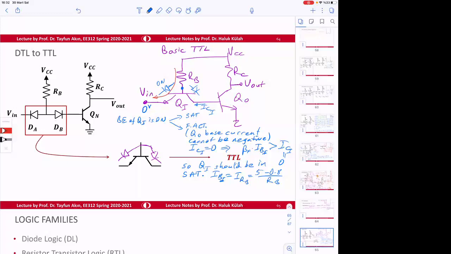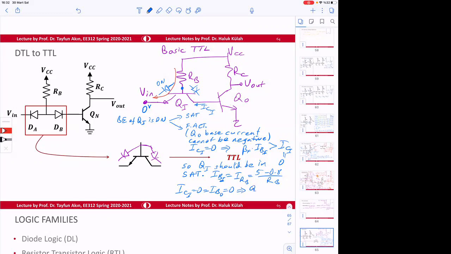Okay, and then since ICI is equal to 0, that means it's equal to IB of O, which is equal to 0.